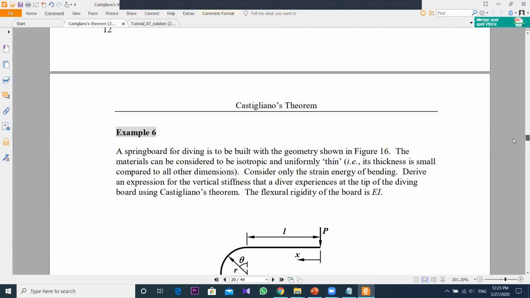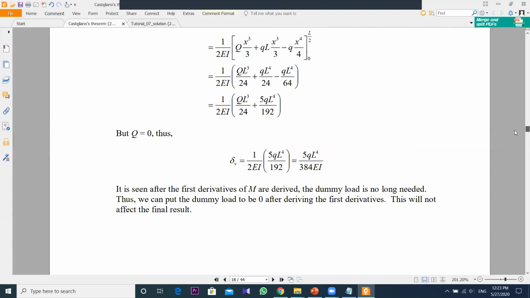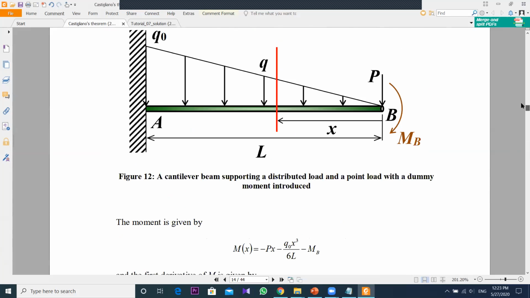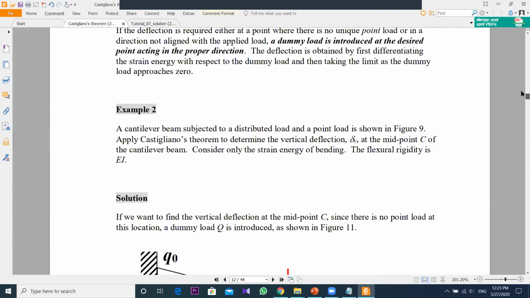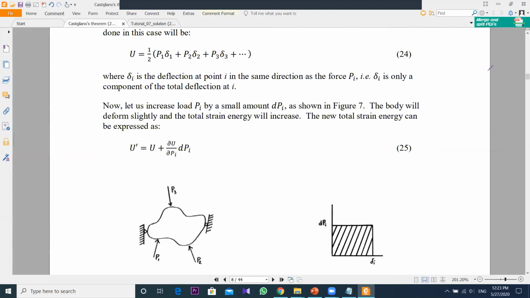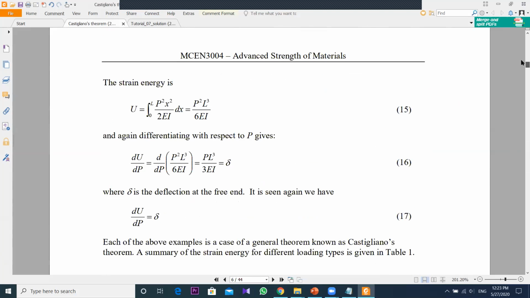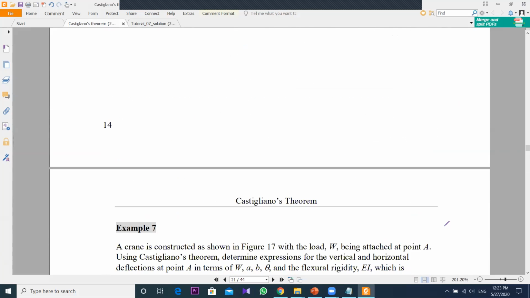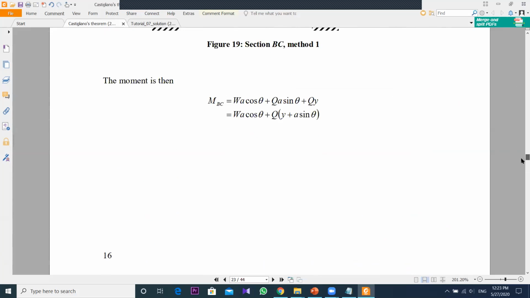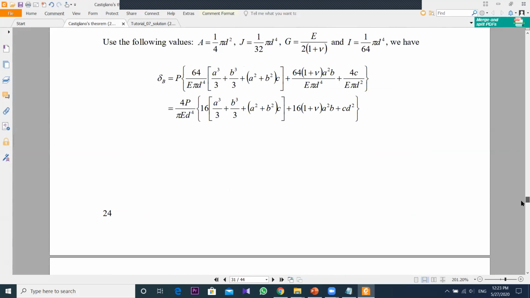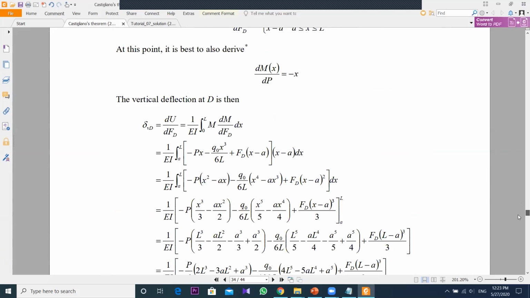There are so many examples in your lecture notes. I couldn't find where it's available. Sometimes if it is not mentioned in this lecture note, maybe the buckling one should be okay. So don't worry.